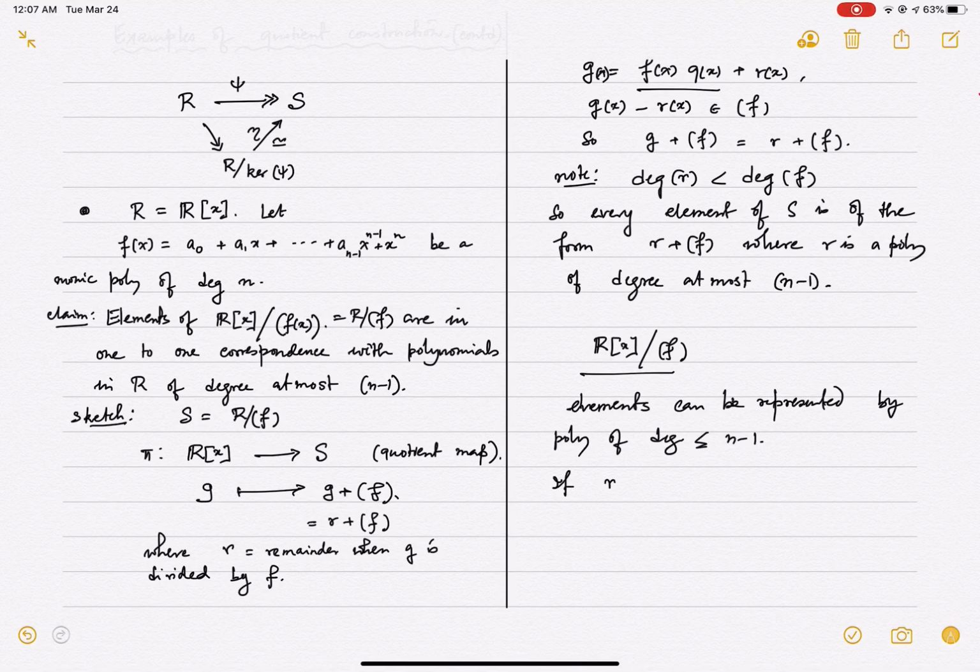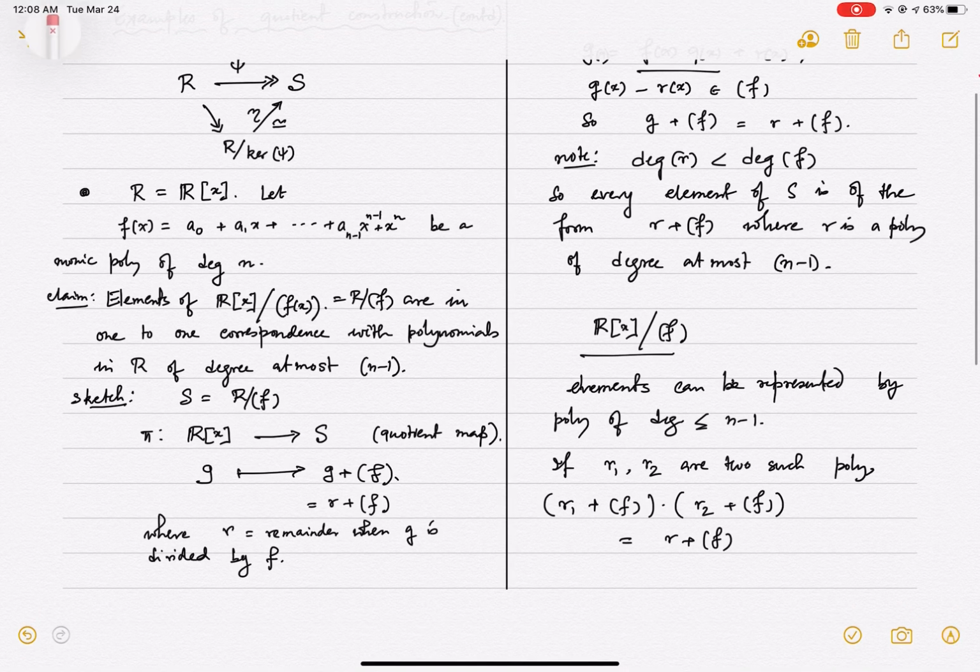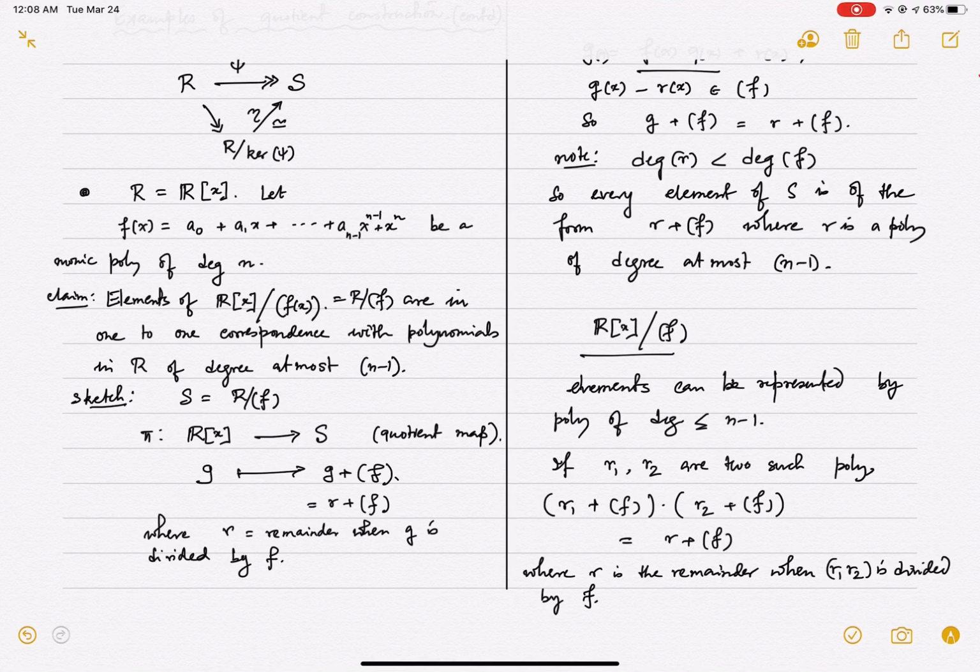If r1 and r2 are two such polynomials, then when you multiply them, it's r plus (f), let's put it this way, where r is the remainder when r1 times r2 is divided by f. This is exactly like Z mod n.